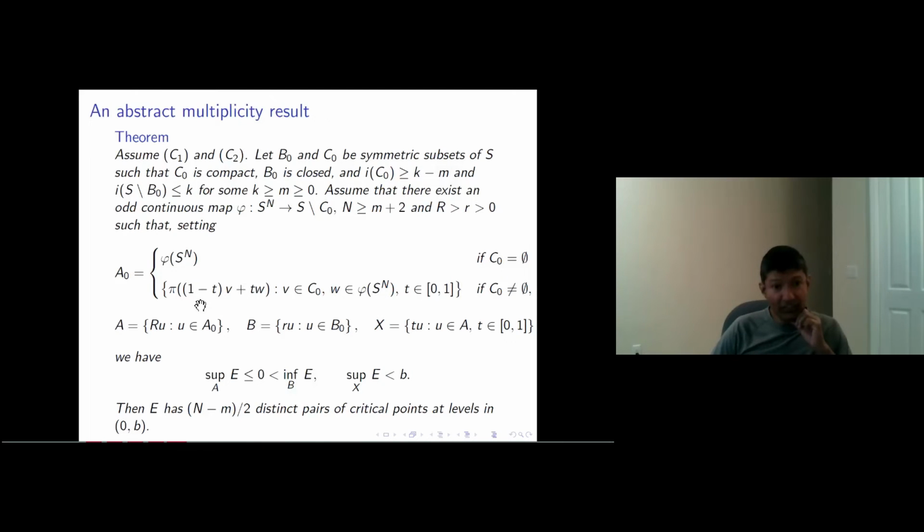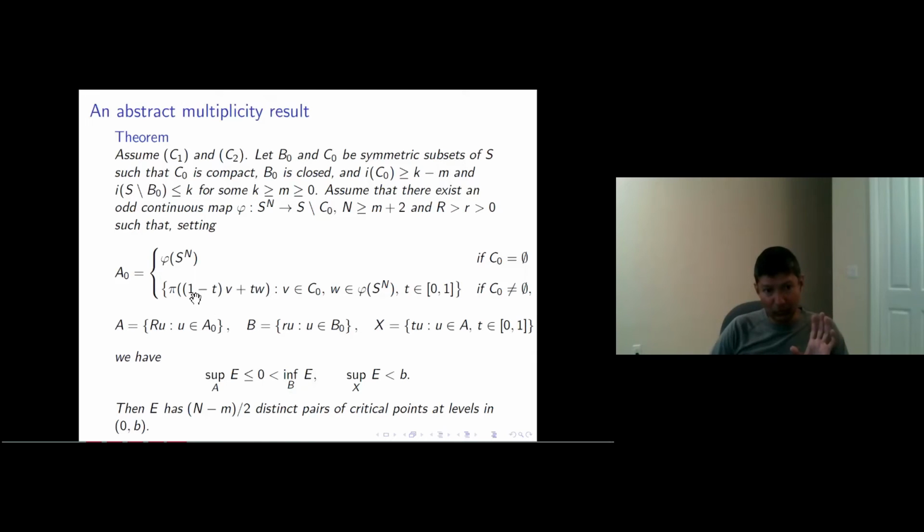So (1 minus t)v plus tw, for t between 0 and 1, is basically the line segment joining v to w. So you're looking at all line segments joining points in C0 to points in phi of S^n, and then project those line segments on the unit sphere. This pi is the radial projection on S.